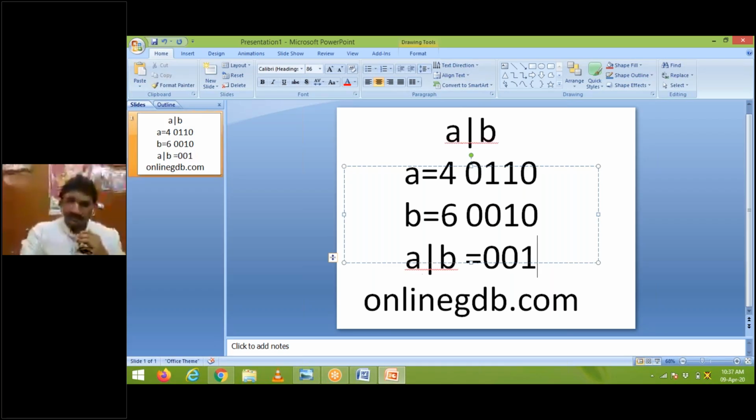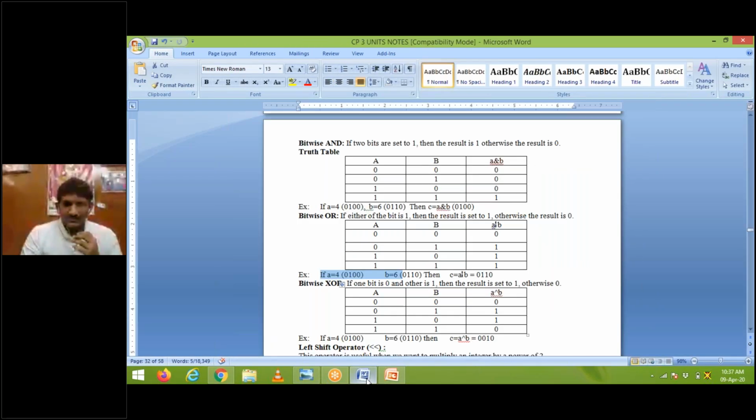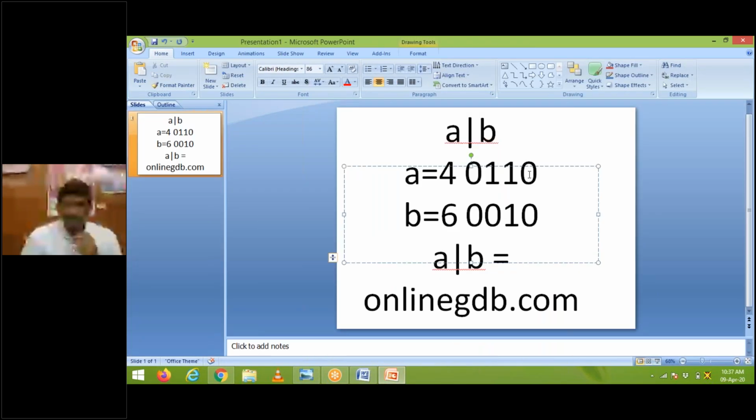Okay, now we'll see. A or B means that if both are 0, then only the result will be 0, otherwise 1. So according to this table, what is the value of 4? 0 1 0 0. What is the value of 6? 0 1 1 0.